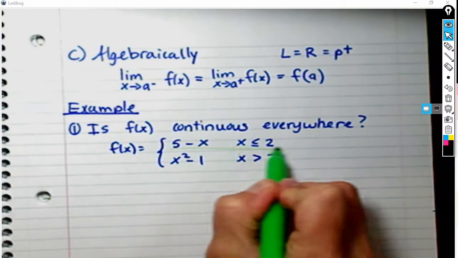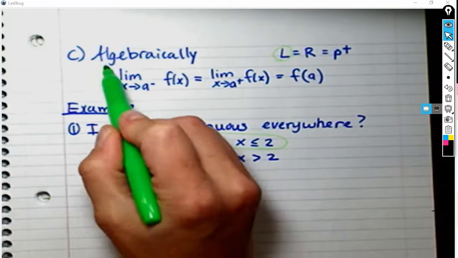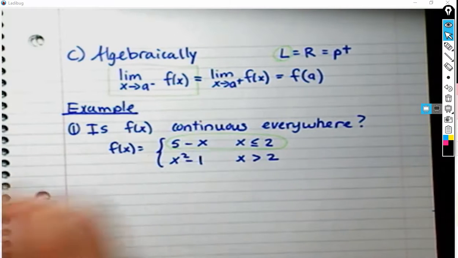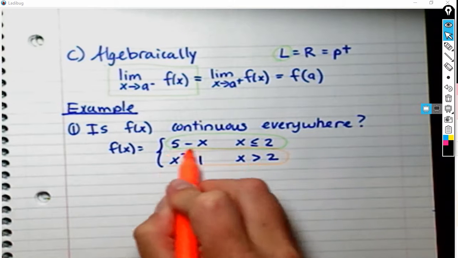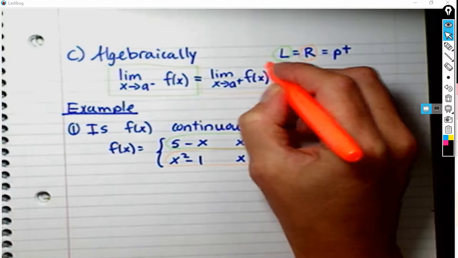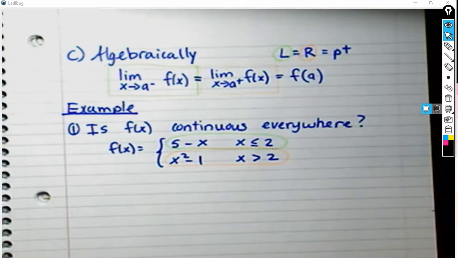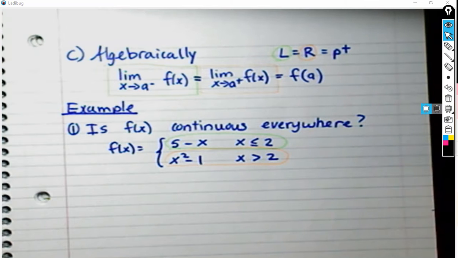I have a left side, this first part. I have a right side, which is this part, which is the second step of my continuity definition. And then I have a point, which could be green or orange, or it could be a third color based on the definition.